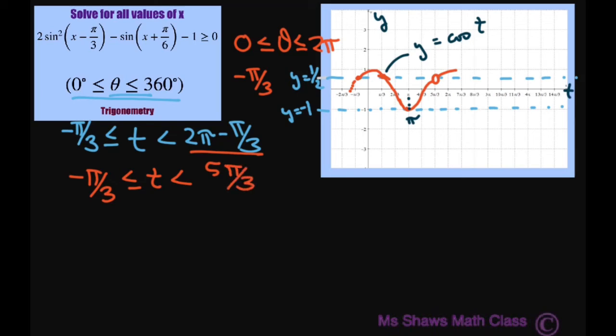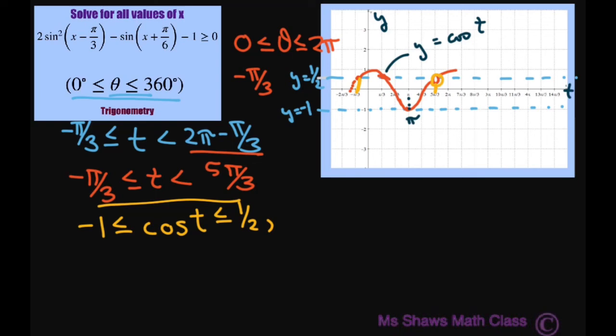Now, from the graph, we have negative 1 is less than or equal to cosine of t, which is less than or equal to 1/2. I graphed everything here. This is negative pi divided by 3, this is 5 pi divided by 3, and it's open here.